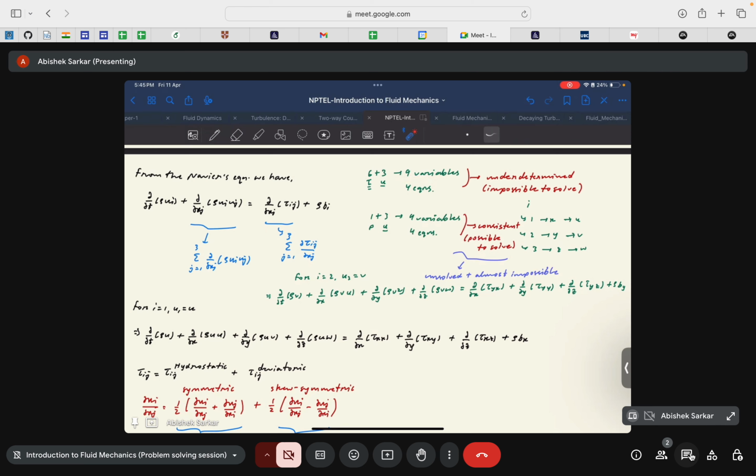We are able to do it with the help of an equation or relation, I must say, known as the constitutive relation, that basically relates the velocity or velocity gradients, if I may say.